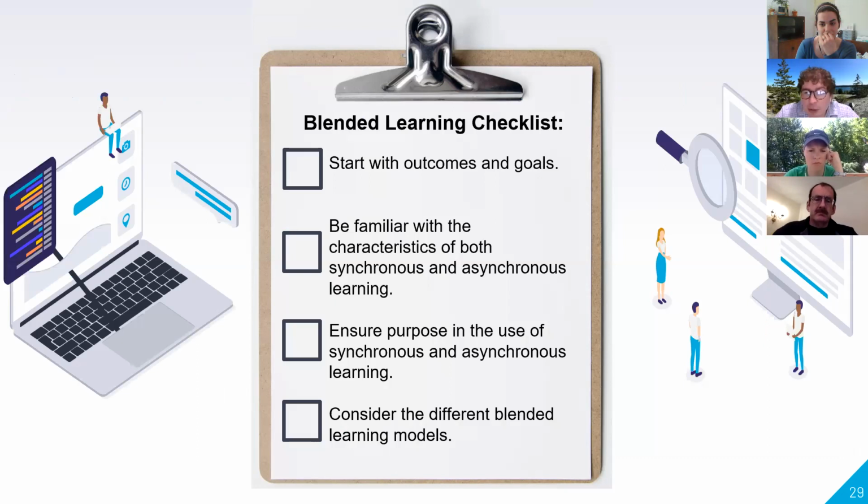So always being purposeful on which one you're using and how you're using it. And then consider different blended learning models. We went into some and gave you some options with that activity, but there are others out there. What is a blended model in a brick and mortar setting versus an online setting is very different. So just be aware that there are a lot of models out there that you can be accessing and learning from.